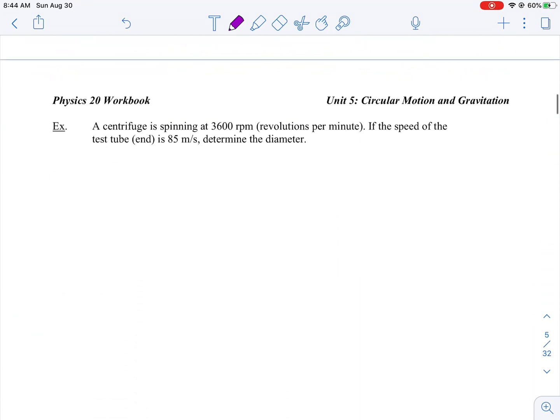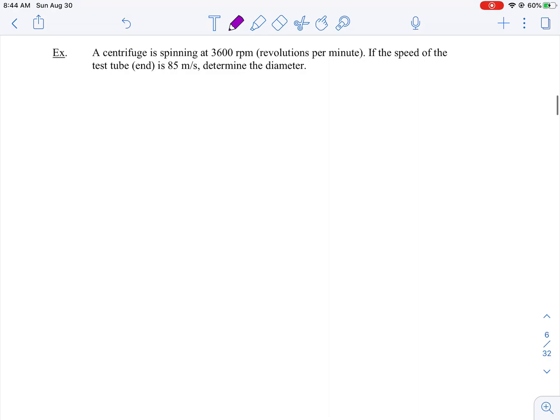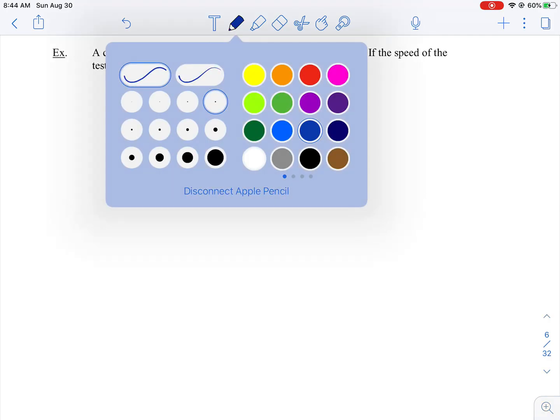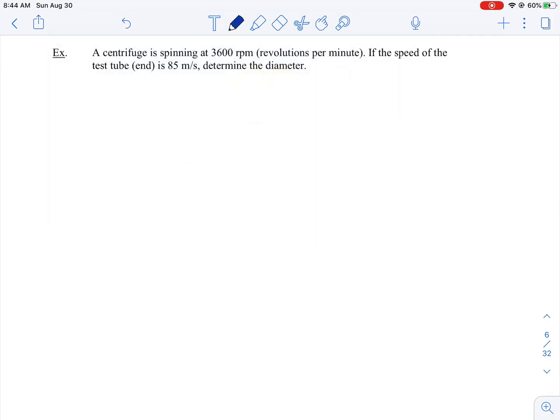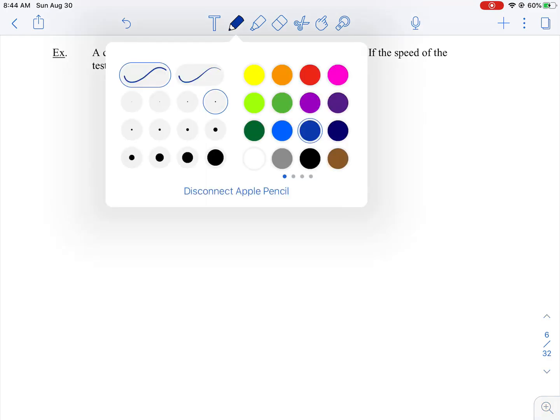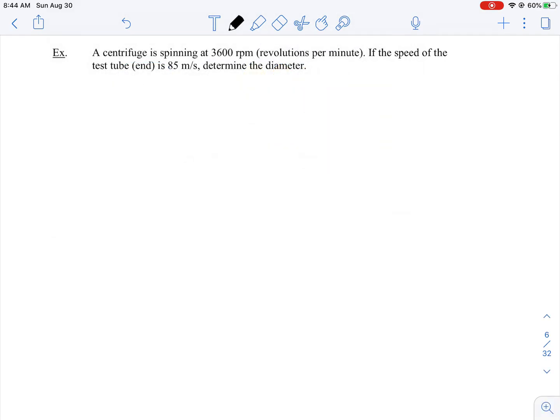Okay, we finish up this part of our lesson by just doing a quick example. Okay, so here's a centrifuge question, just where we spin things like test tubes in circles. And I'm just going to draw this very quickly on the side here. Actually, I'll do this in black, let's say. So here we have our circle, our circular motion, like that.